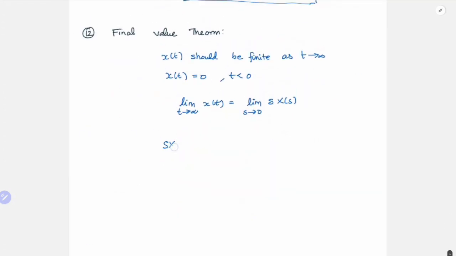So my s X of s minus x of 0 minus was nothing but integral 0 minus to infinity dx of t by dt e power minus st dt. Now limit s tends to 0, if you can see, this will go to 0, and this e power 0 will become 1. So what will I get?